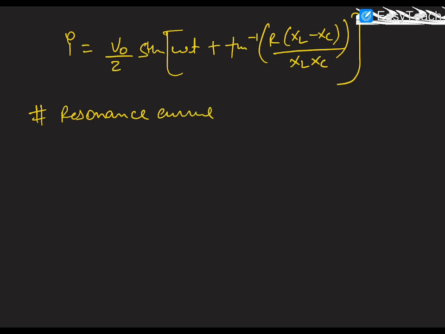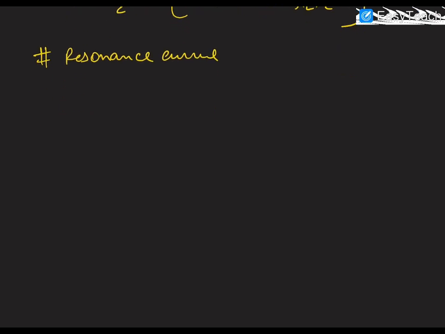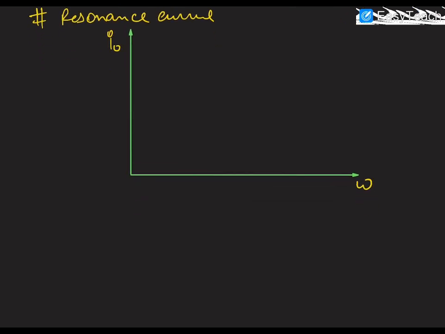We know that the resonance curve is always drawn with the current on the y-axis. In fact, I naught, which is the peak value of current, is always taken on the y-axis, and omega is always taken on the x-axis.